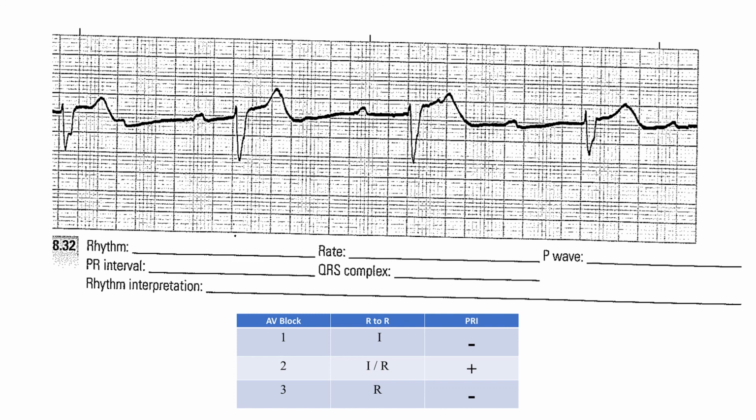The R to R is regular, so it can't be 2nd degree type 1. Then we look at your PR interval. It is not constant, so it cannot be 2nd degree type 2. So it would be 3rd degree AV block. Again, your PR interval is not constant and your R to R is always regular with a 3rd degree AV block.